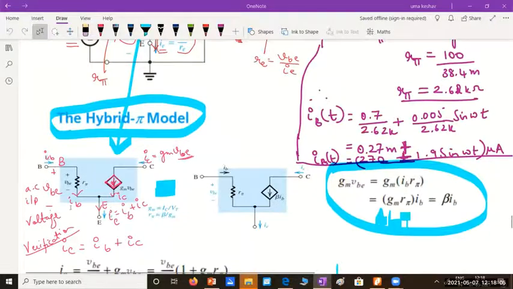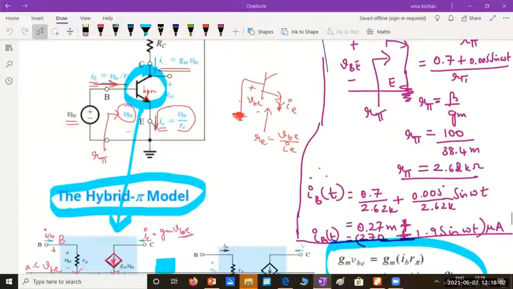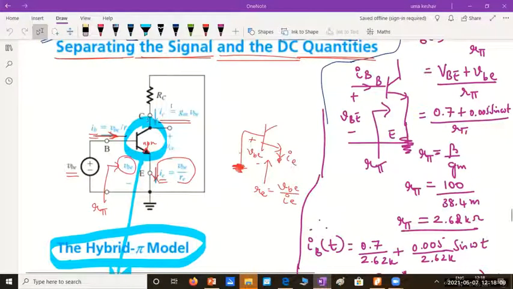Similarly, between the collector and emitter terminals on the output side, the output collector current IC flows. The value of this IC we determined to be GM times VBE. If I want to write the collector current in terms of the input base emitter voltage, we proved that we could write IC as GM into VBE.